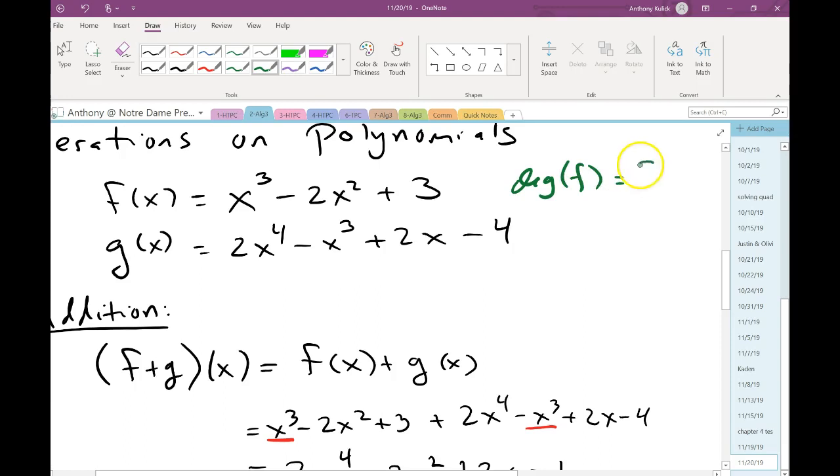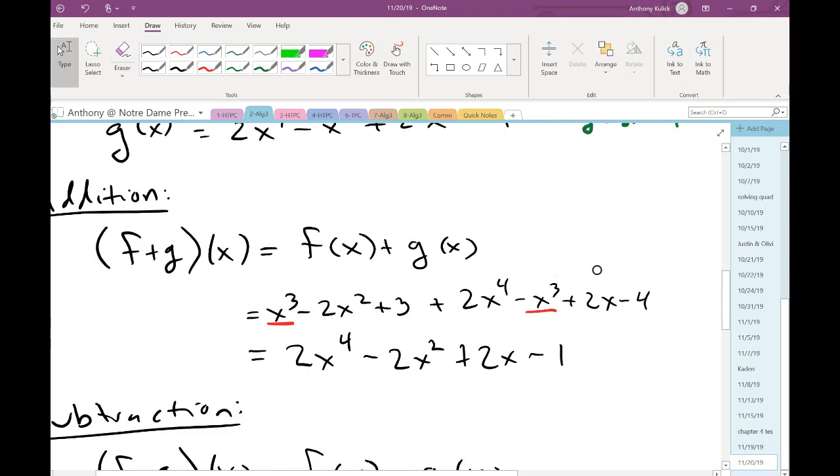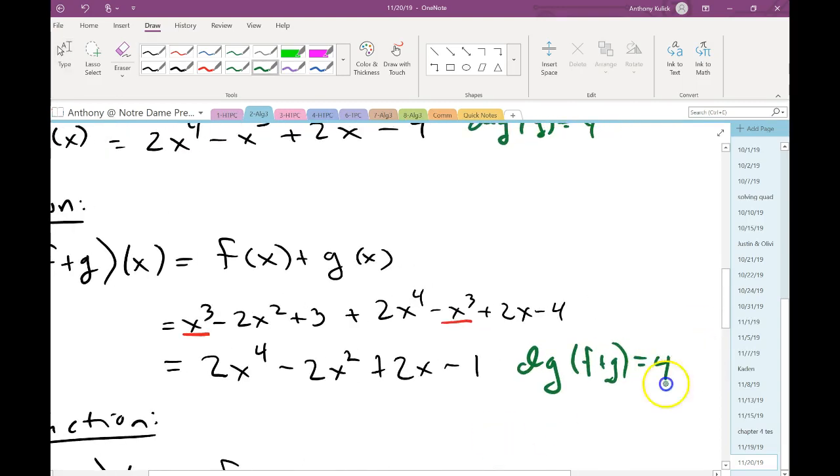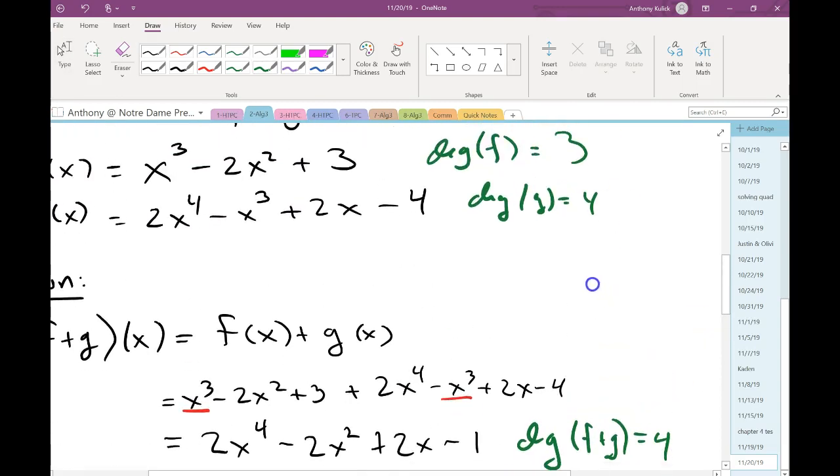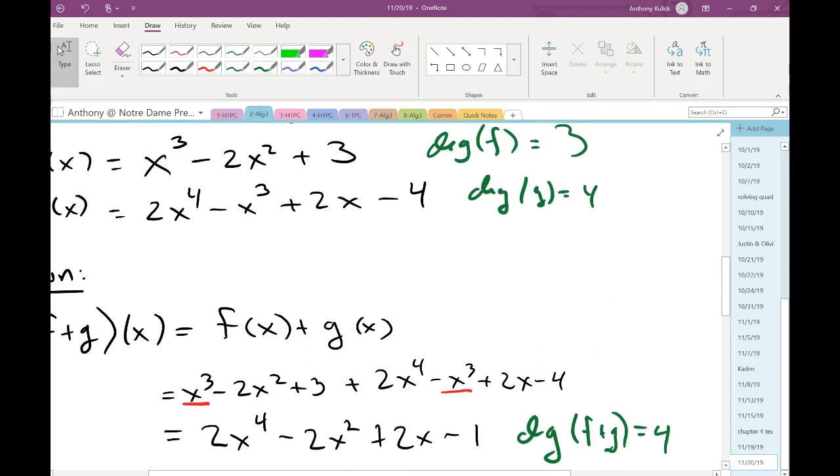It is 3, because the biggest exponent is 3. What's the degree for g? 4. Okay, let's go down and look at our answer for f plus g. What's the degree for that? That's also 4. Do you see a relationship between the degree of g and the degree of f plus g?